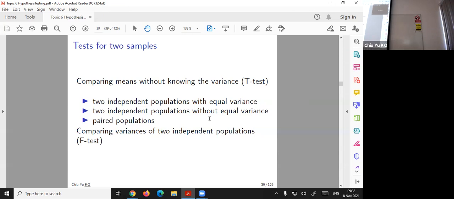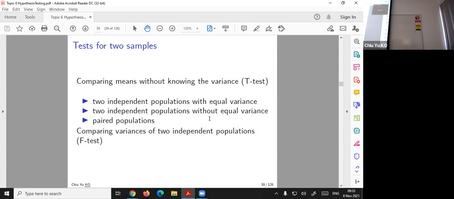So let's quickly review what the tests are here. The first two are basically about looking at the means. Okay, do they have the same mean? And you have two populations. That means that usually you have two categories of things you want to compare, right? If you want to compare more than two categories, it's not a big deal, because you can keep doing the same thing.